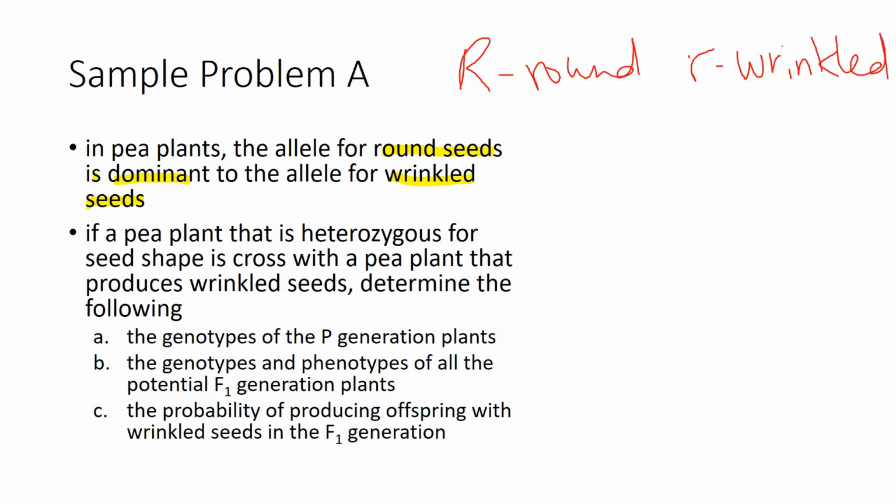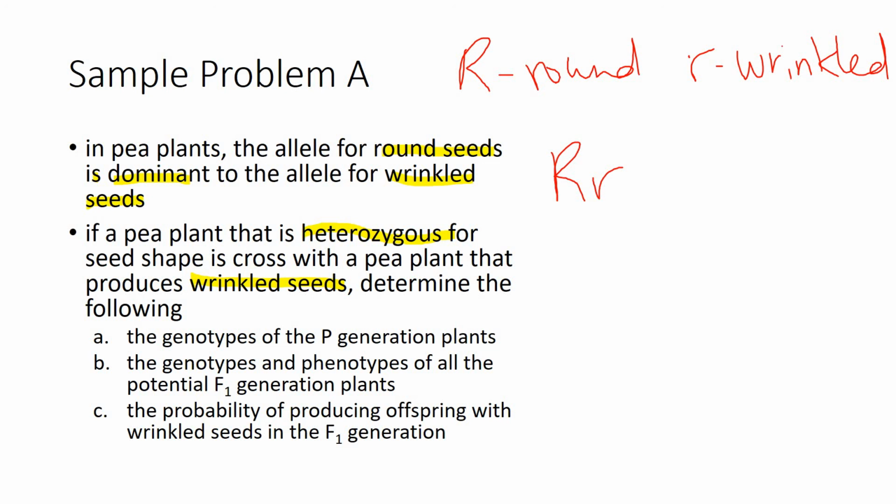Now with that, let's take a look at more clues that they've given us. A plant that is heterozygous for seed shape is crossed with wrinkled seeds. So heterozygous, we know right away it's going to be one dominant and one recessive allele. So the first parent is going to be like that.